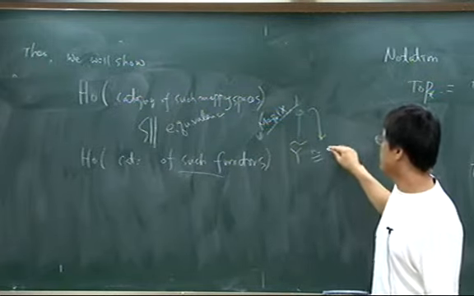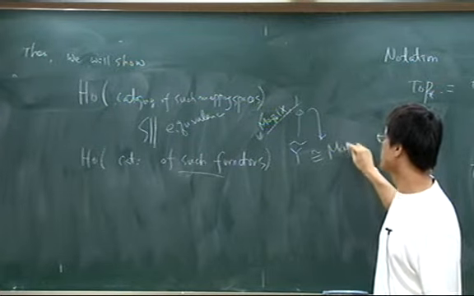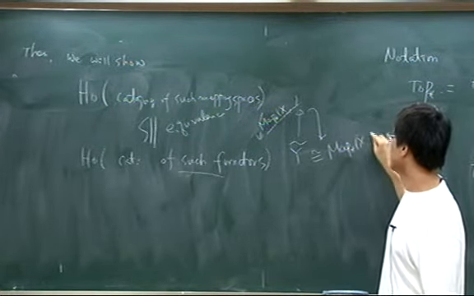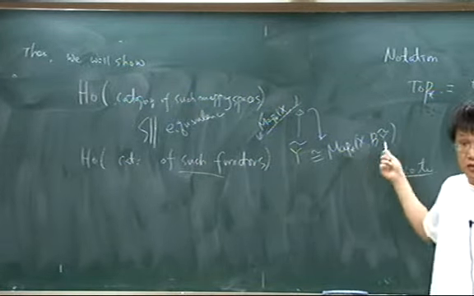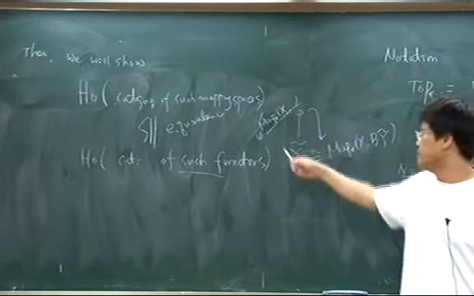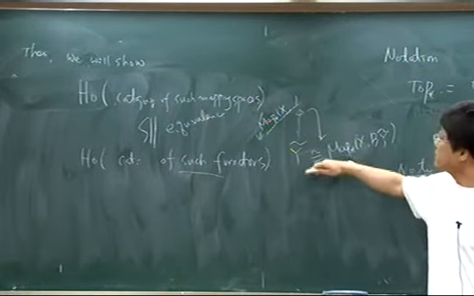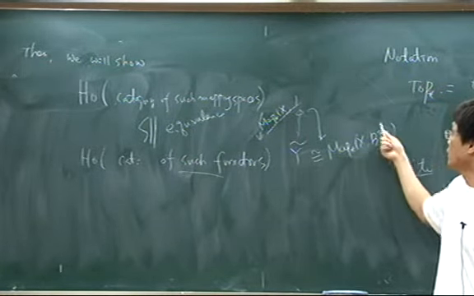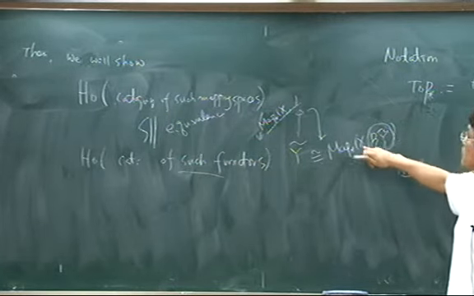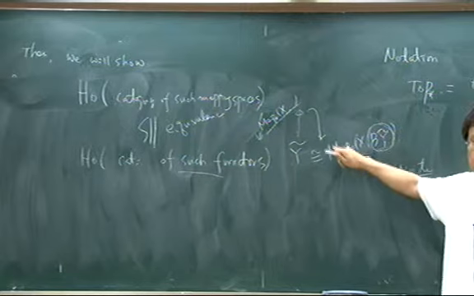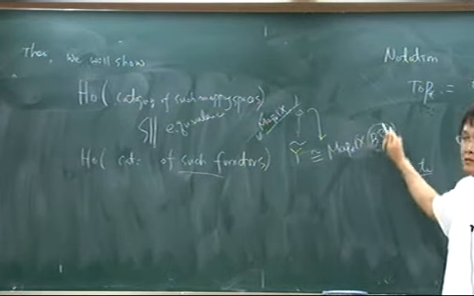So this one would be some mapping space from x to B, y tilde, something like this. We'll get this kind of isomorphism. That's why this is called delooping. You can say demapping, right? If you demap this one, we can find the target space.